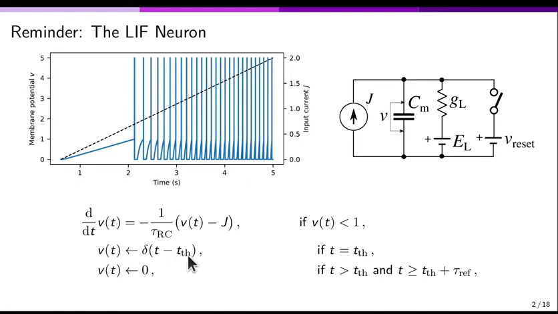But once it reaches the threshold, this differential equation no longer applies. The neuron spikes at that one instant where it reaches the threshold, and then the voltage is reset to 0 for some amount of time, tau refractory, after it hits the threshold. So that's what we have to implement if we're going to simulate a leaky integrate and fire neuron.